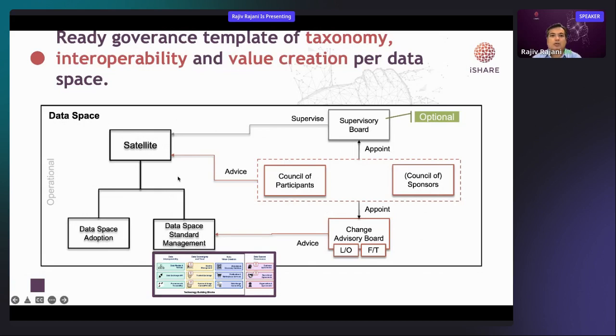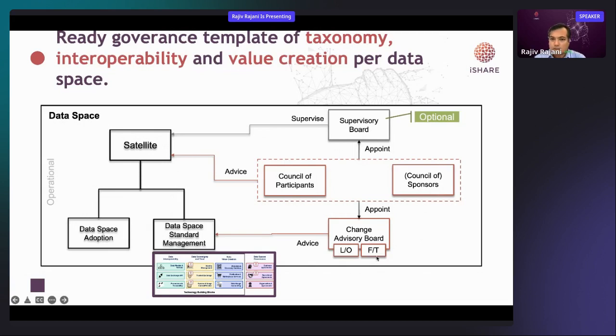So they always advise the satellite or the governing body on what and how the data space standard should be managed. They also appoint the change advisory board aspects. So you can see these letters here, LOFT. L stands for legal, O stands for operational, F stands for functional, T stands for technical.